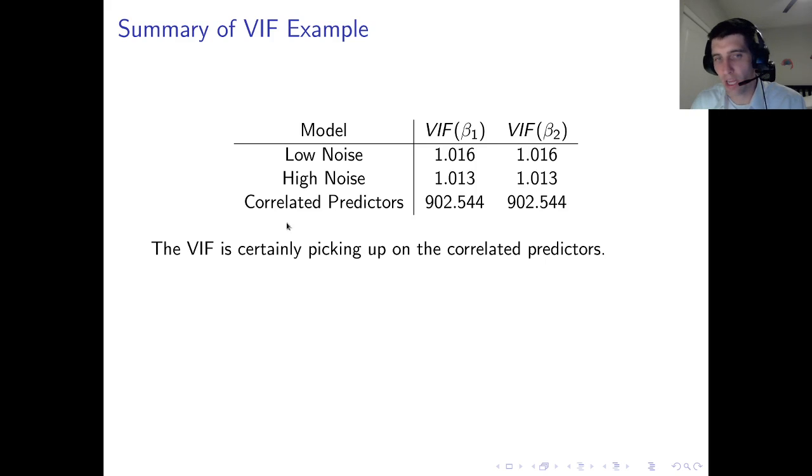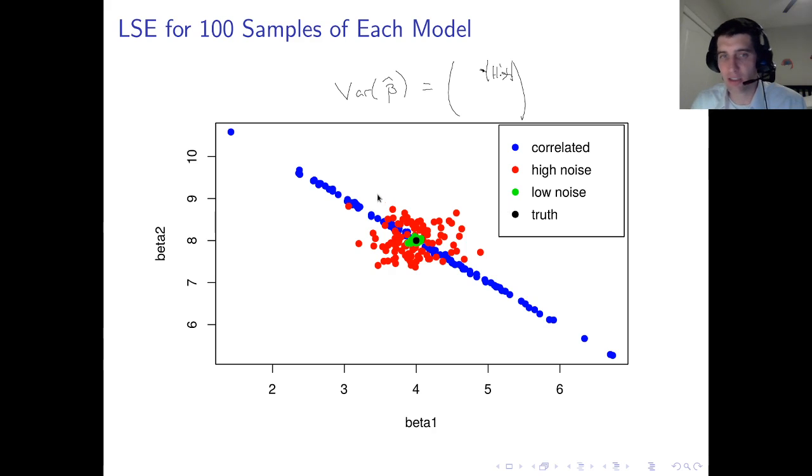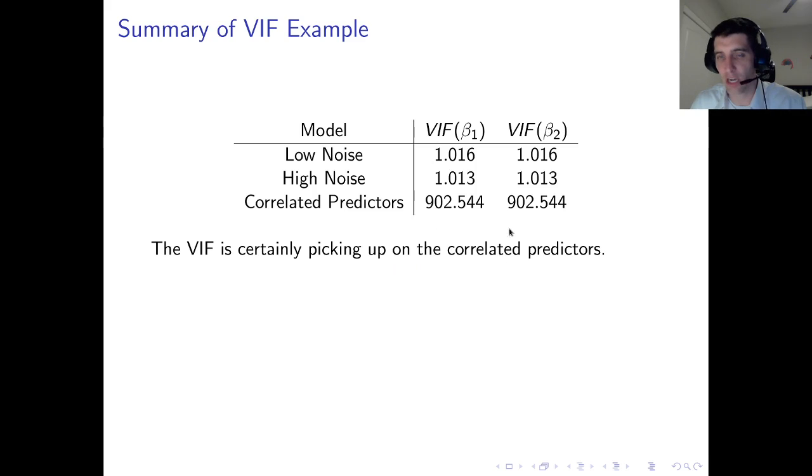But when I look at the correlated predictor model, the variance of beta 1 hat in the simple linear regression is much smaller than the variance of beta 1 hat in the multiple linear regression model where I've included both predictors. So the variance inflation factor here is picking up on these systemic errors, the fact that our predictors are very highly correlated.